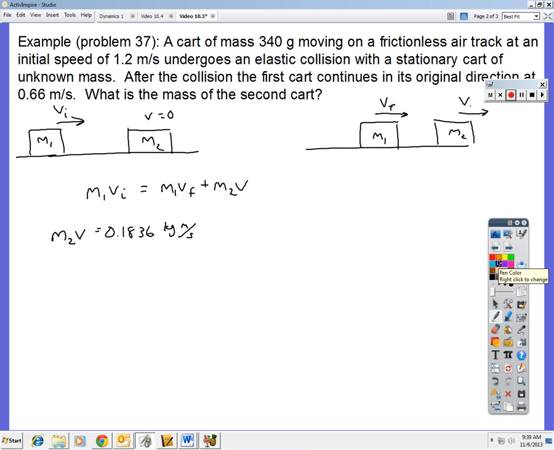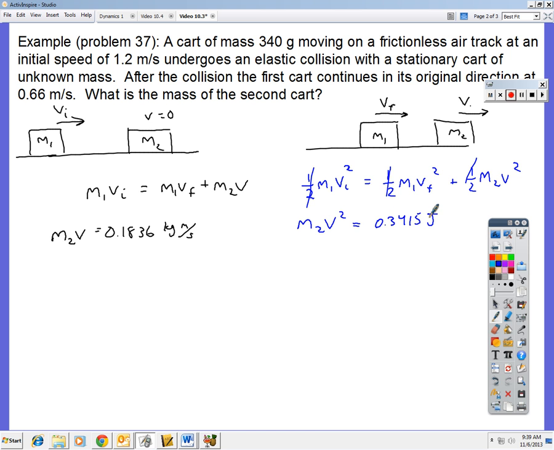Now we're also going to apply conservation of energy. So we'll say that the initial kinetic energy, 1/2 m1 vi squared, equals the final kinetic energy, 1/2 m1 vf squared, plus 1/2 m2 v squared. We will immediately multiply the entire equation by 2 to make things a little bit easier. And we're also going to plug in numbers and find that m2 v squared is equal to 0.3415 joules.